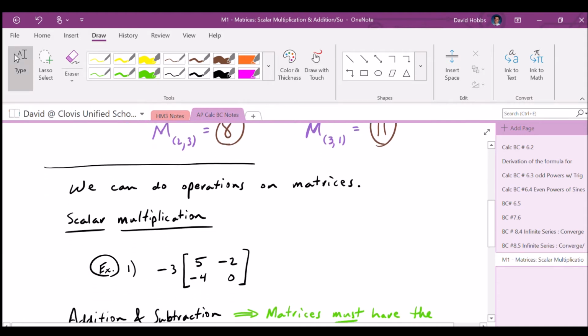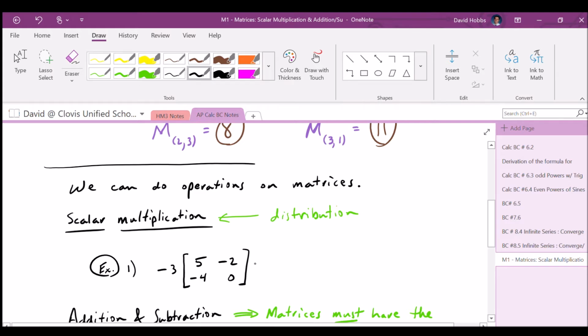We can do operations on matrices, and we will be doing several operations. For today, we're only doing scalar multiplication and addition or subtraction. Scalar multiplication is a lot like distribution. That's basically what it is.